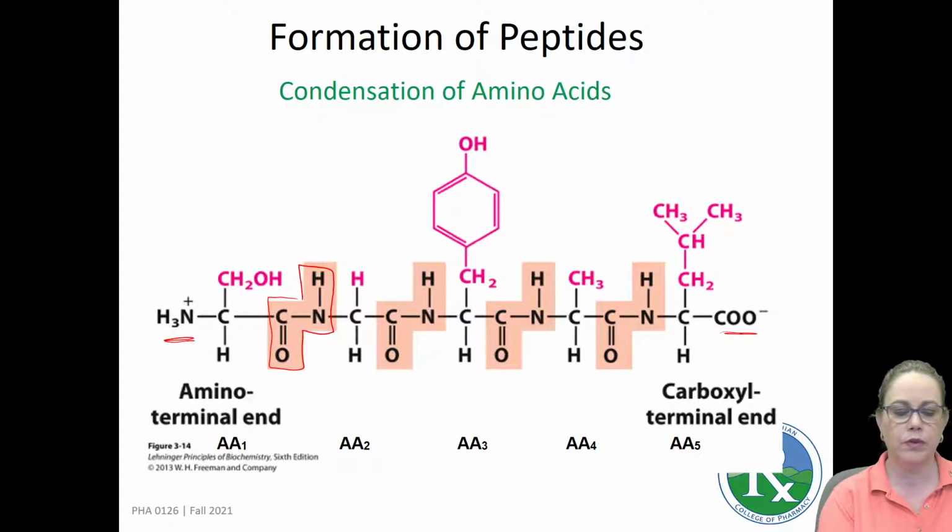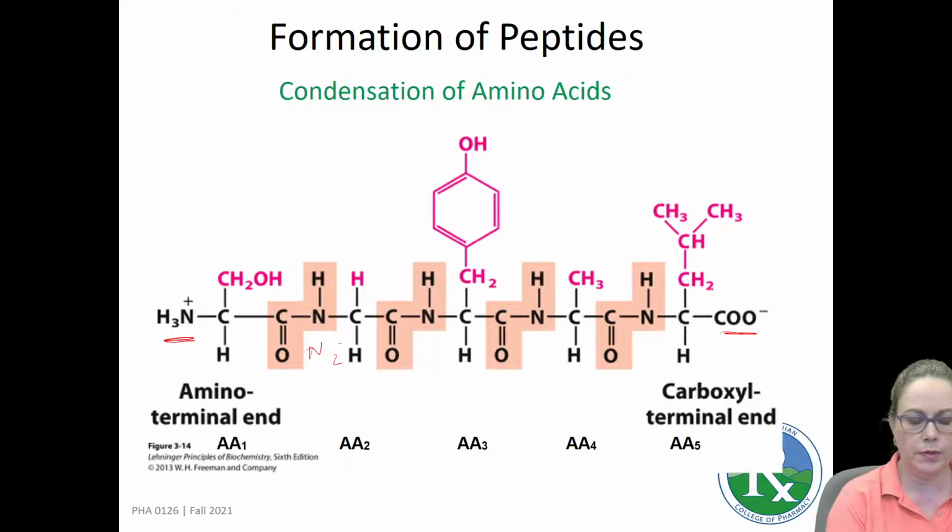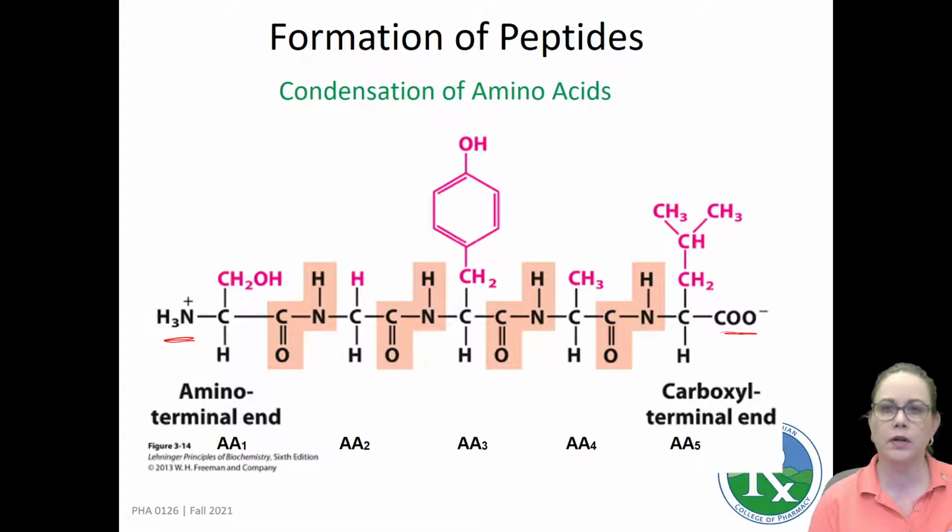This was the CO2 group on our first amino acid in the peptide chain, and that's linking with that NH2 group on the second amino acid in the chain. So in this peptide we have 4 different peptide bonds present. We have 5 amino acids. You always have 1 fewer peptide bond than amino acids.